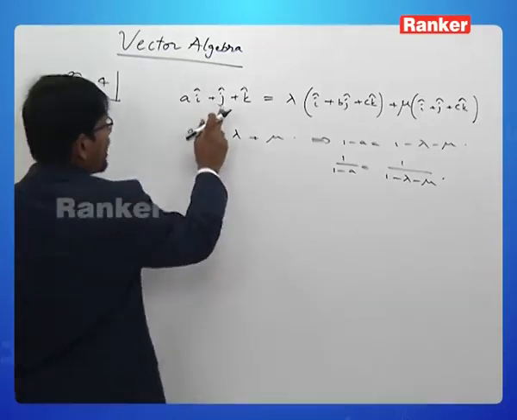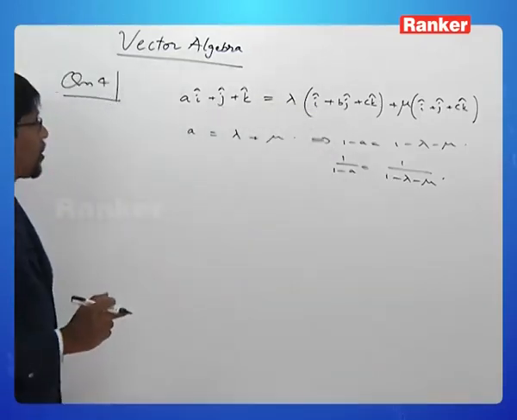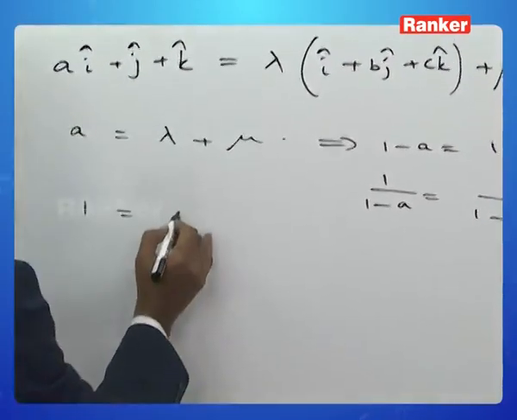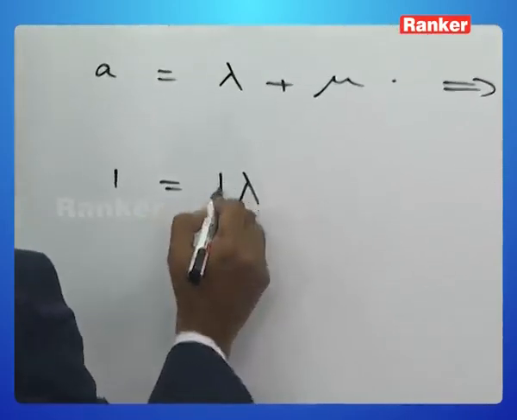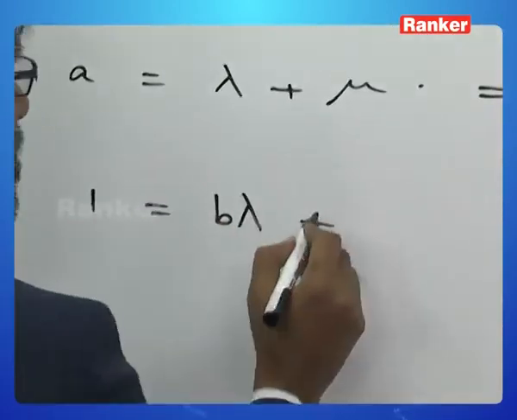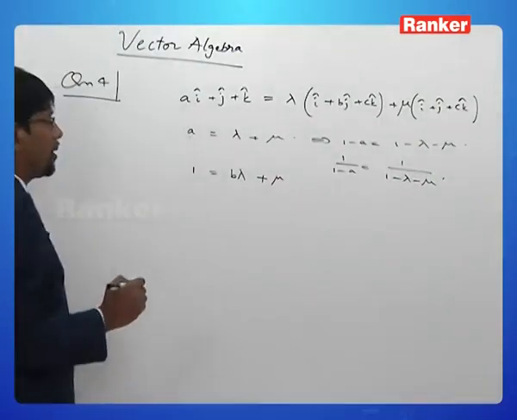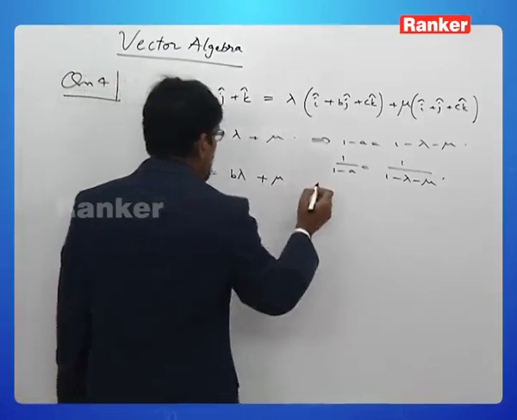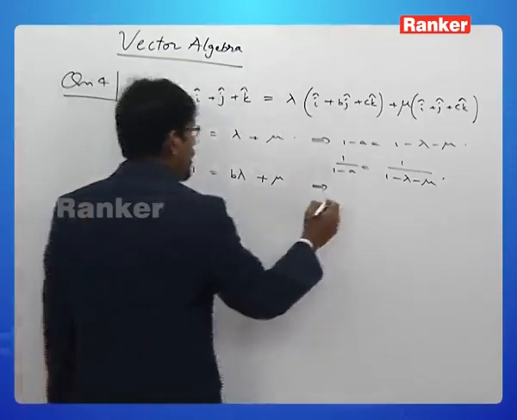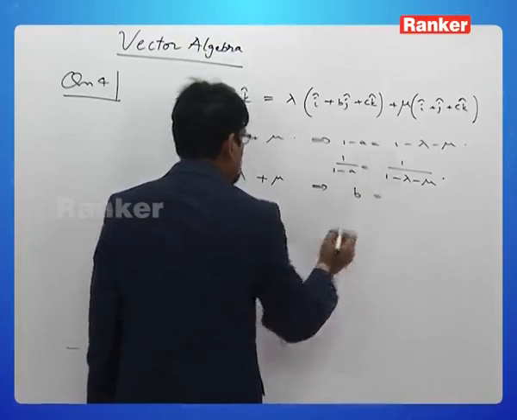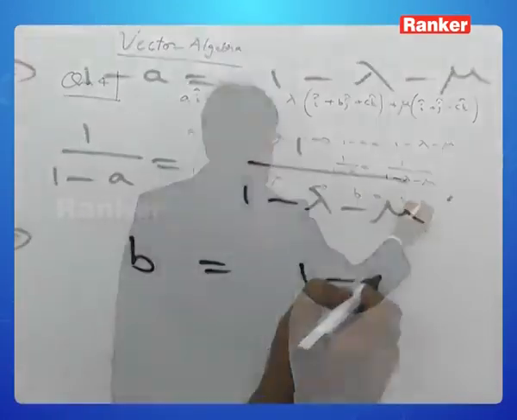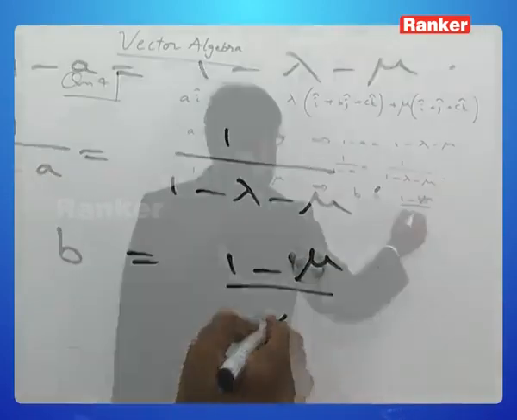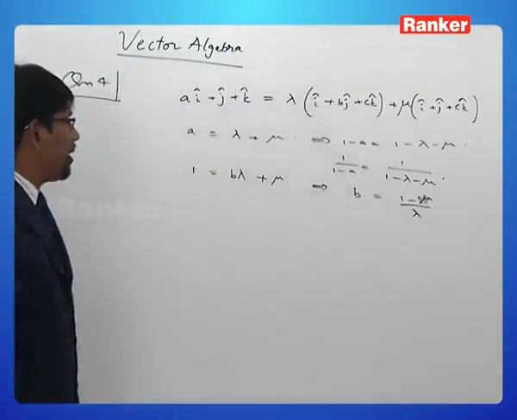Similarly, let's equate the j component. Okay, so what do we have here? 1 is equal to b into lambda plus mu. So from here, can I write the value of b? What is the value of b? b is equal to 1 minus mu by lambda.